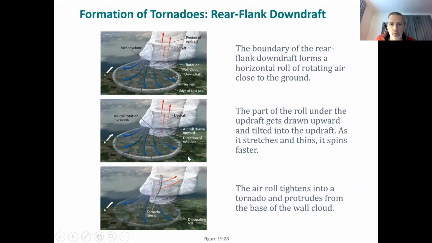This air rolling over is going to want to fill in, and as that air starts to fill in, it's going to start spinning faster and faster. Just like an ice skater, when they pull their arms in and spin around, they spin faster as they get a tighter circle. As a result, that's going to cause these tornadoes to occur.